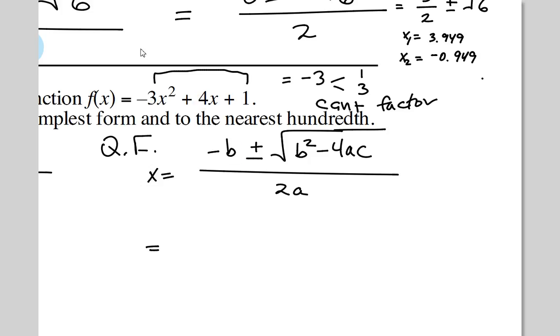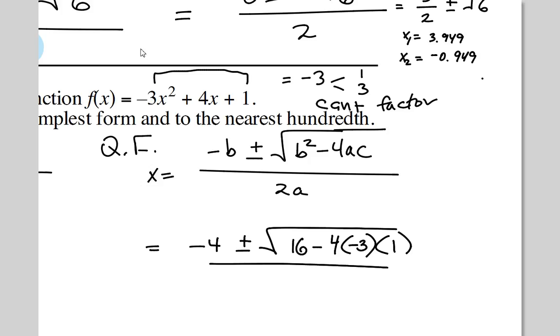B is 4, so we're going to go negative 4 plus or minus the square root of 16 minus 4 times, what's a? Negative 3. And what's c? 1. All over 2 times a, so 2 times negative 3 is negative 6.